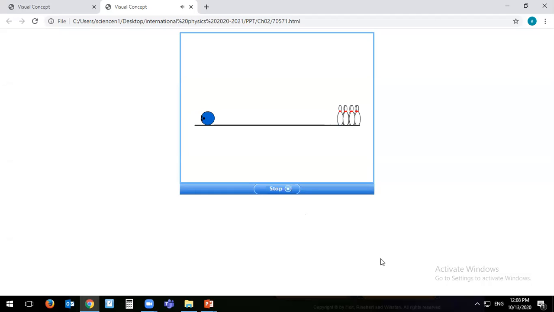As any object moves from one position to another, the length of the straight line drawn from its initial position to the object's final position is called the displacement of the object. Displacement equals change in position, or the final position minus initial position. If our ball travels from an initial position x equals 12 meters to a final position x equals 35 meters, the displacement is 23 meters. But what happens if the ball travels from the 35-meter mark to the 12-meter mark?